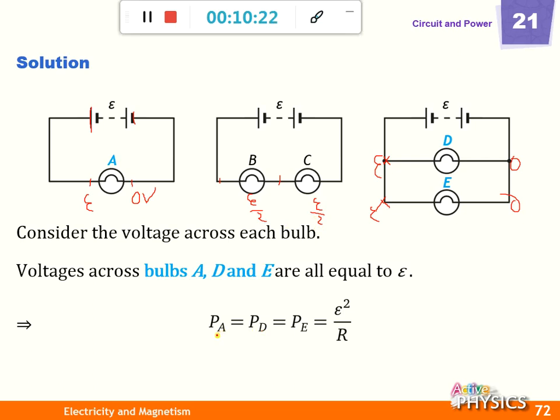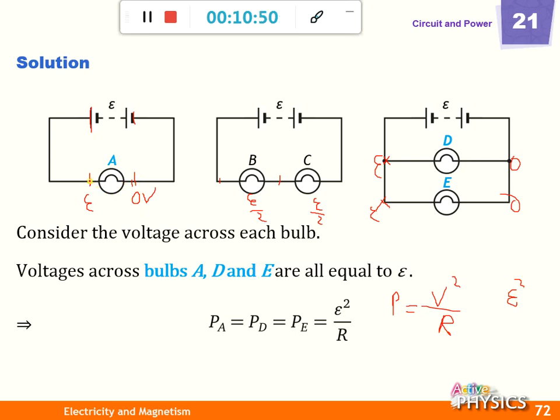Then apply the formula. You can see that all of them should be equal to epsilon. And also the power equation, we have V squared over R is the power. Then try to look at here. All of them, the potential difference across it should be epsilon.